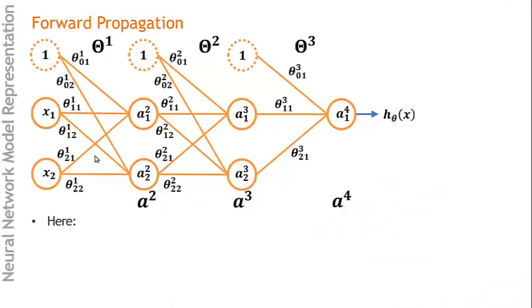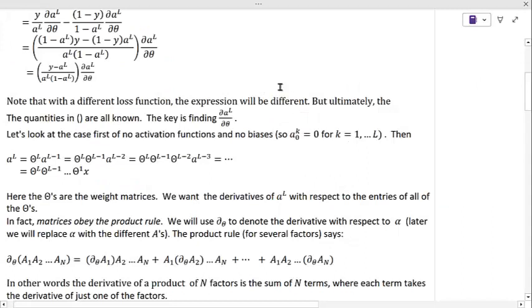Recall our structure here. Here's my AL minus 1, and here's my theta. Now I'm ignoring the biases and the activation function. So I'm just taking the matrix dependence of the Lth layer on the previous layer. Okay, so no biases and no activation function in this simple case.